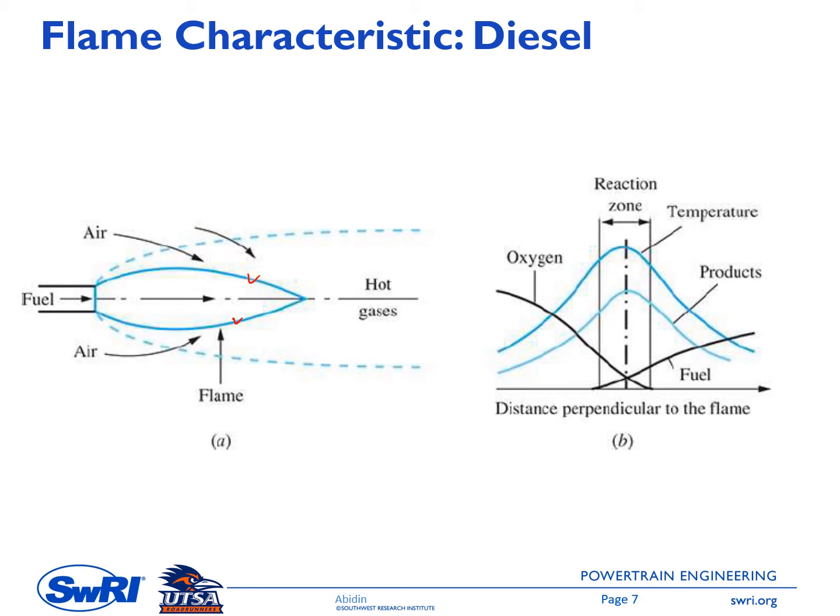This is where there is just enough air to fully release the fuel chemical energy, and this chemical process occurs inside this flame front. This green line has a certain thickness, and this thickness is the flame front thickness.